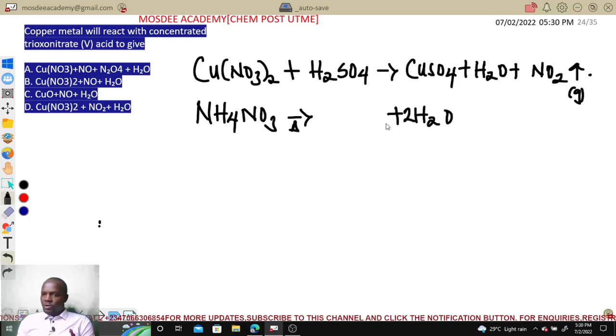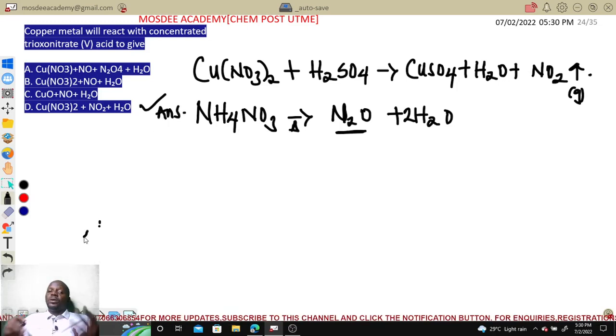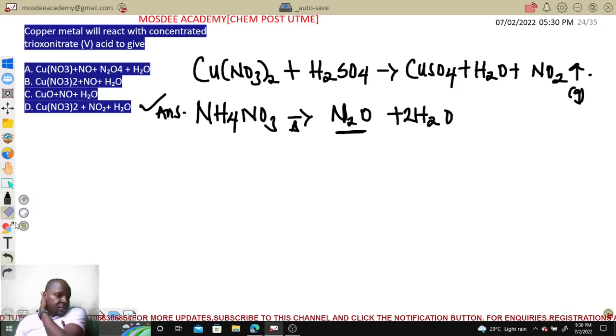So the remainder is what you are going to write: 4H has gone, NO3, O2 has gone, remain 1 O, then you have N2, then O. So this is how you prepare your laughing gas by the decomposition of ammonium trioxonitrate 5. This is a direct question, which I don't think I have to waste your time on, because it's simple and straightforward. So guys, let's move to the next question.